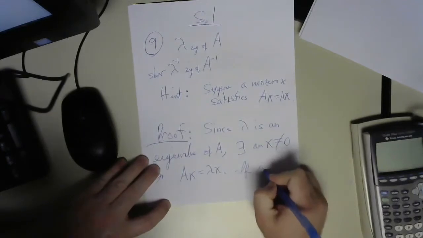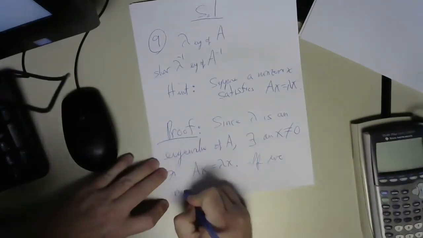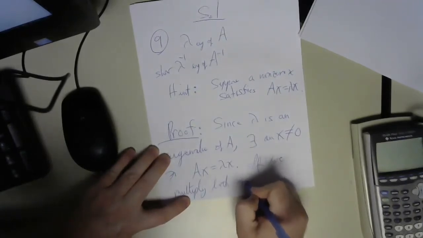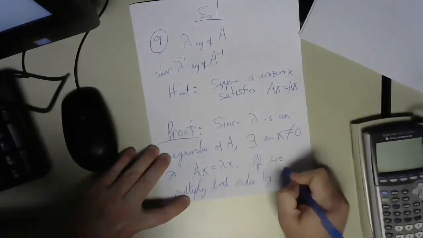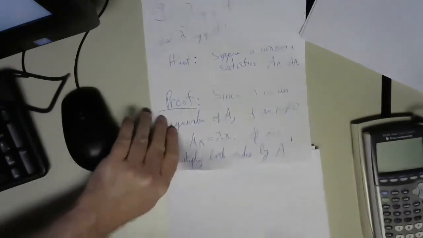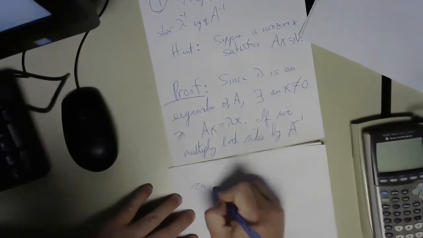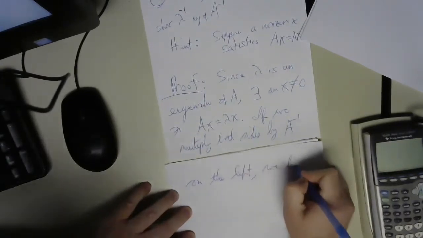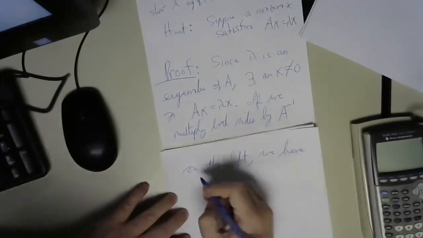But here's the trick. If we multiply both sides by A inverse on the left, and remember we're assuming A is invertible, we have this.